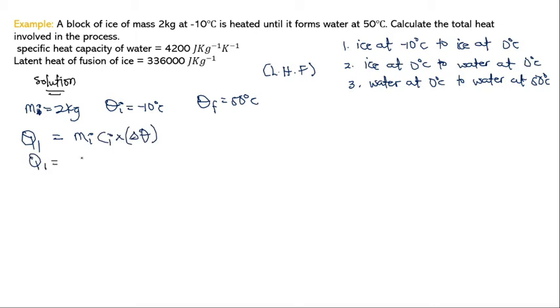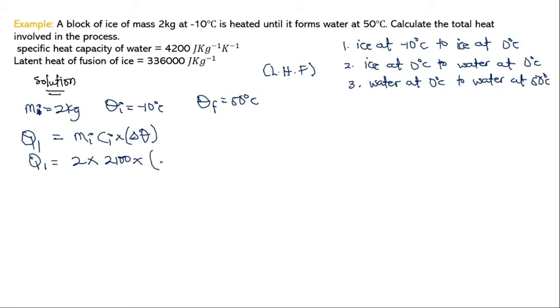So Q1 is equal to the mass of the ice, which is 2 kilograms. Then the specific heat capacity of ice, we were not given, but from literature, the specific heat capacity of ice is 2100. The question will give that to you, but I forgot to write it down.